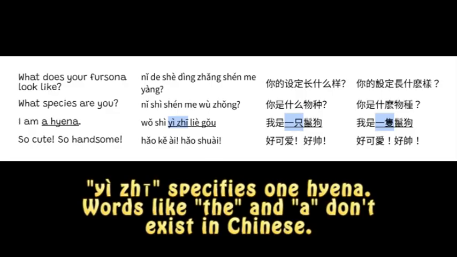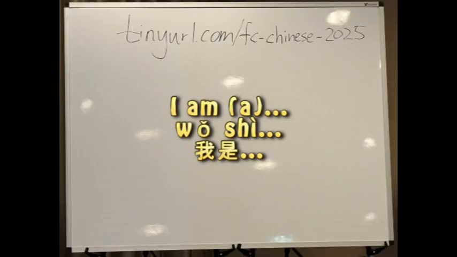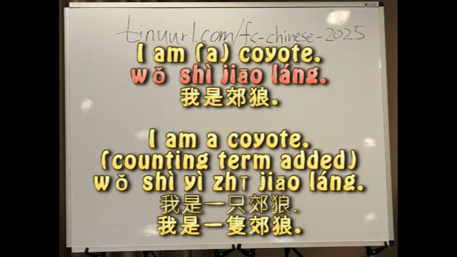So since we mentioned that, let's say how to say I am a particular animal. 我是, and then you can add whatever we learned above here. So for example, I would say 我是郊狼 or 我是一只郊狼.